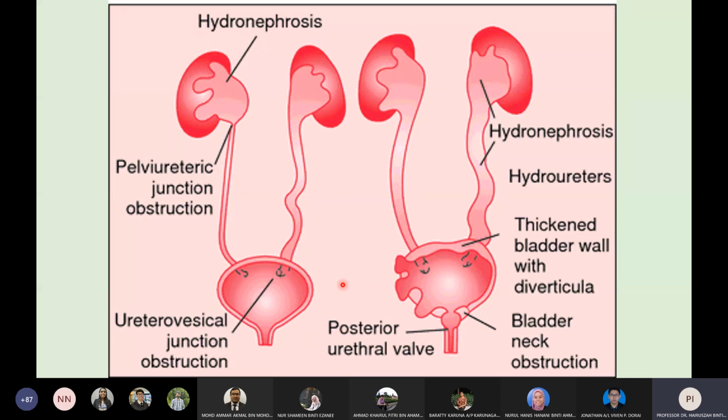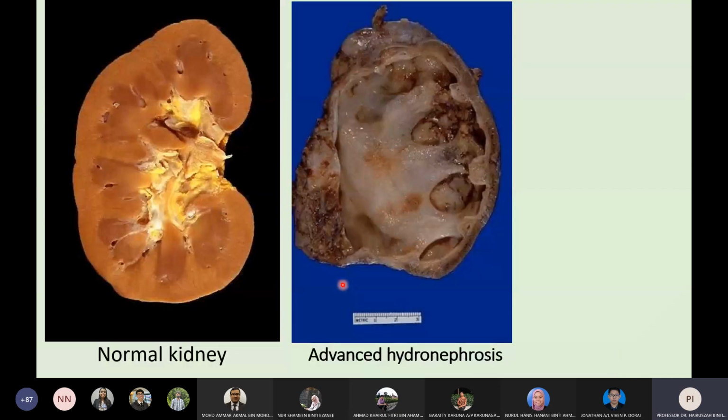Yeah, right. Okay. Now this is what we will see. This is a gross normal kidney. Look here. You see the medulla and cortex, and the calyceal system here. But look here. You can't actually make out the whole pelvicalyceal system here, the final collecting system here is all dilated, and there are stones here, right?